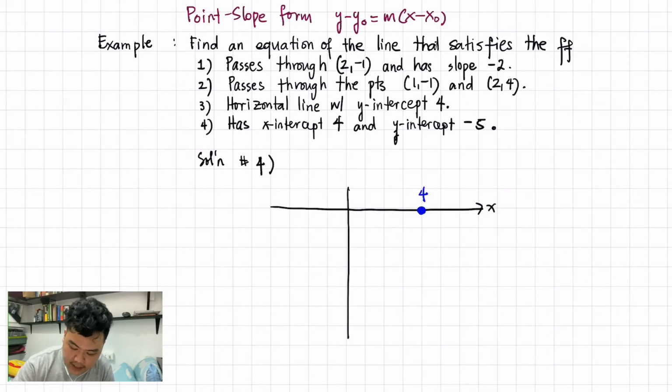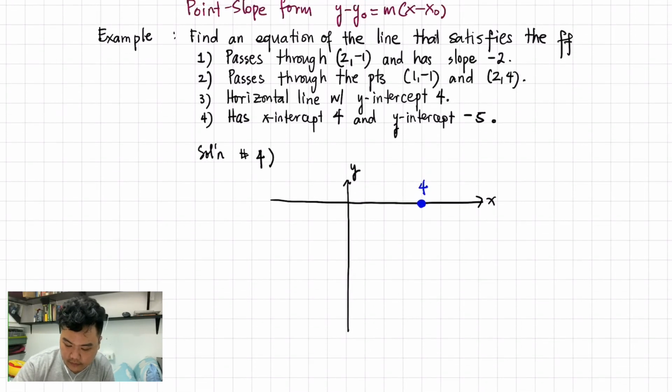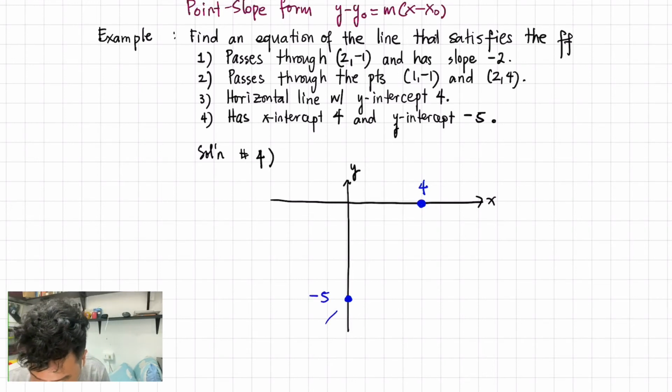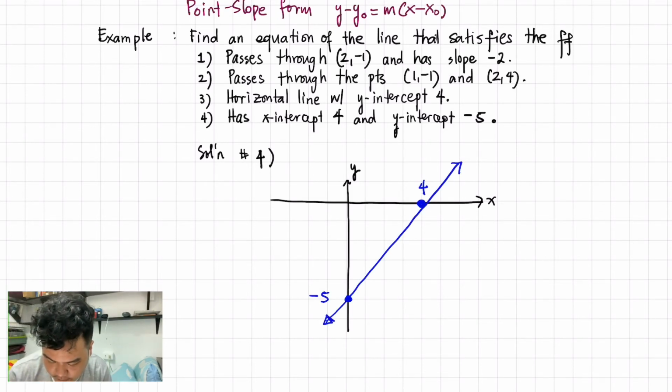So this is the x-axis, this is the y-axis. So negative 1, negative 2, negative 3, negative 4, negative 5. Oops. So that is negative 5. And this is our line. So we need to compute for the equation of that line.